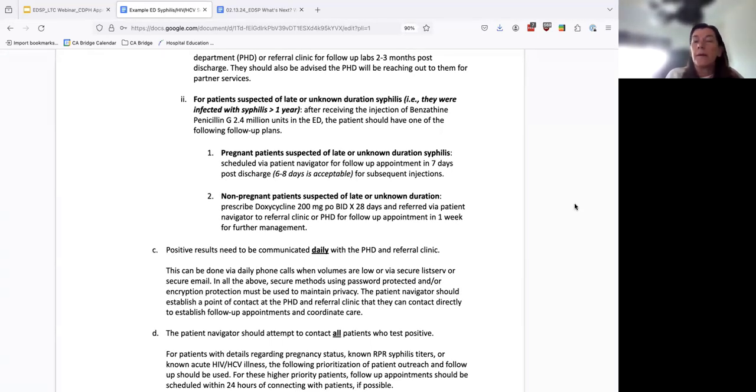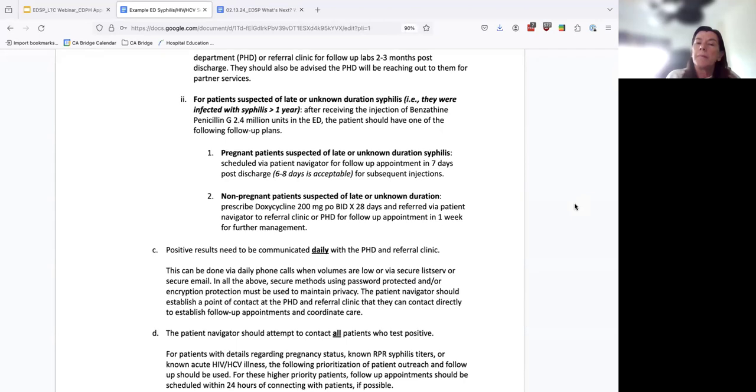I strongly encourage that if the person's pregnant, but strongly also consider it if they're non-pregnant, especially as we get out of this benzathine penicillin shortage, which we're on the cusp of getting out of, supposed to be resolved come the end of June of this year.